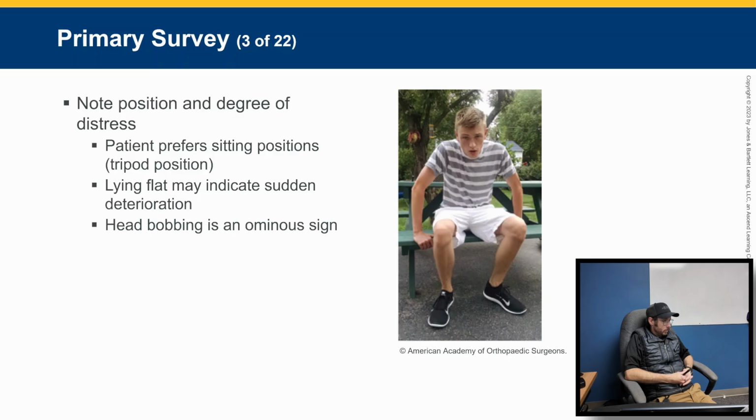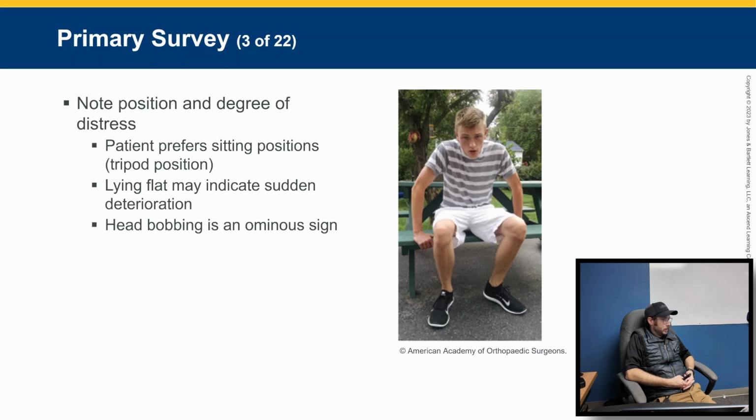I mean, if it's late, they could be just laying flat because they no longer have the energy. Could be, yeah. That's kind of what I consider to be an impending arrest situation at that point. These people, what do we not want to do with them on the stretcher typically? Yeah. Cool.